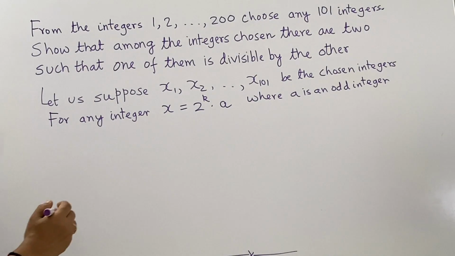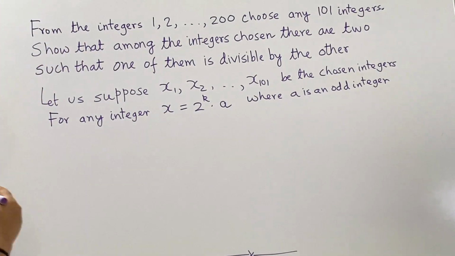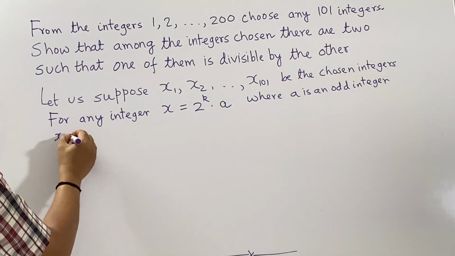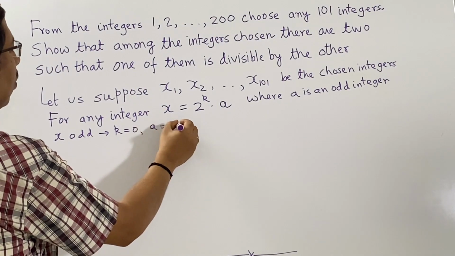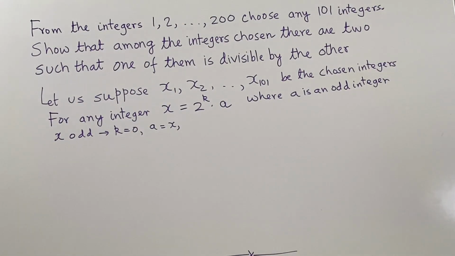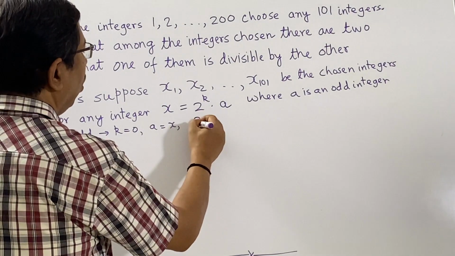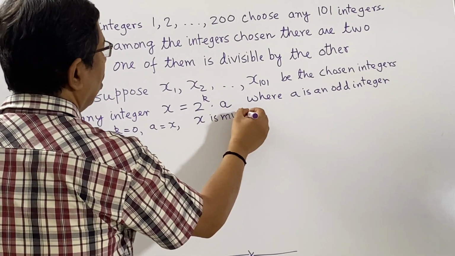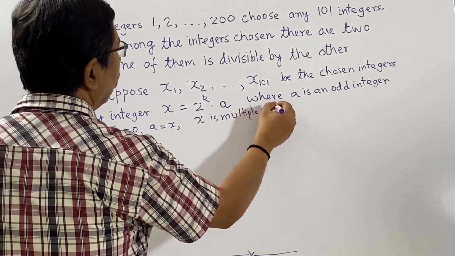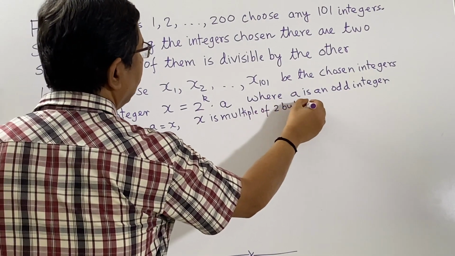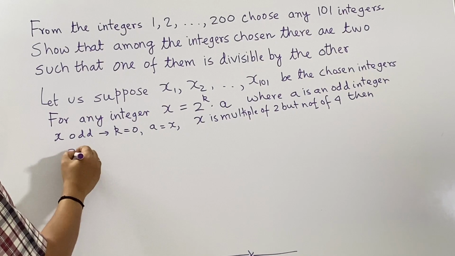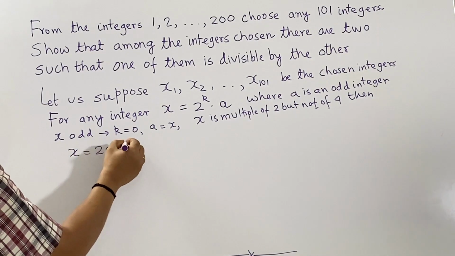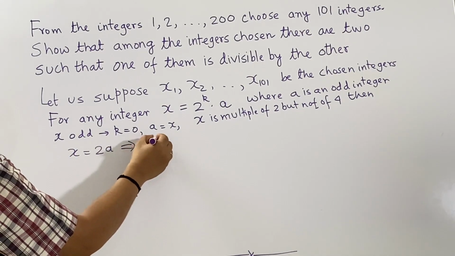If x is odd, then we take k equal to 0 and a is equal to x. If x is a multiple of 2 but not of 4, then we have x equal to 2a, or a equal to x by 2.